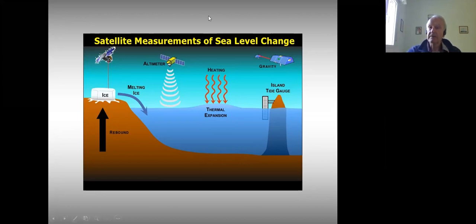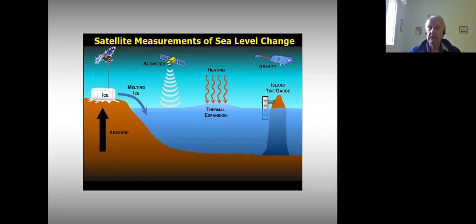We do measurements of the thermal expansion, of the increase of the temperature, which then reflects in the thermal expansion of the sea. We have the melting of ice, due to which there is a sea surface height increase.